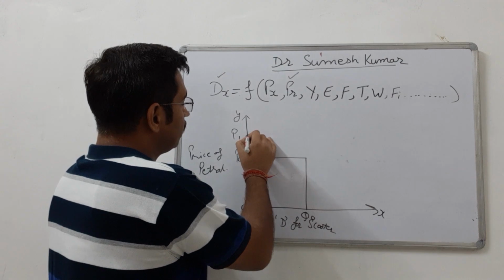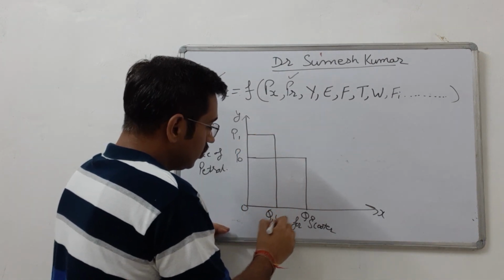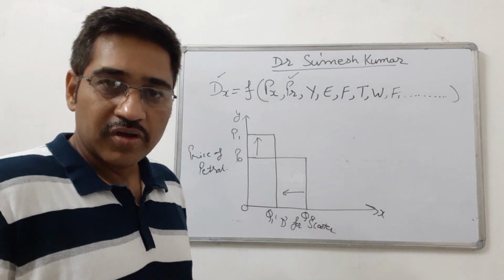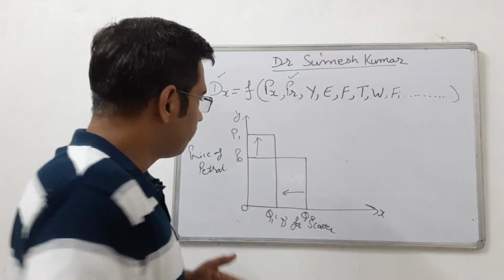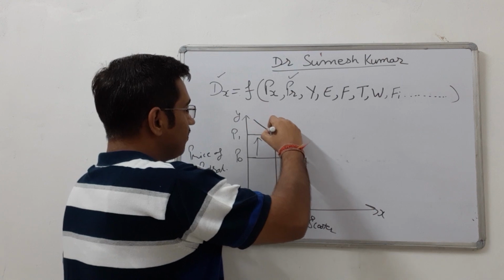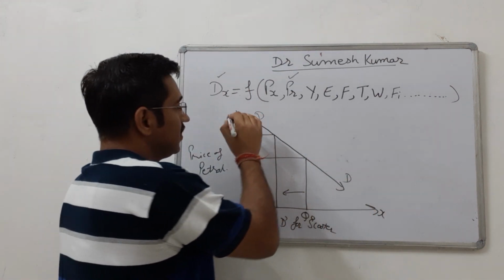Demand for scooter will come down from OQ0 to OQ1. And people may shift to some better option, maybe a bike that will give more mileage, because price of petrol is going up. So our demand curve will be DD in this case.